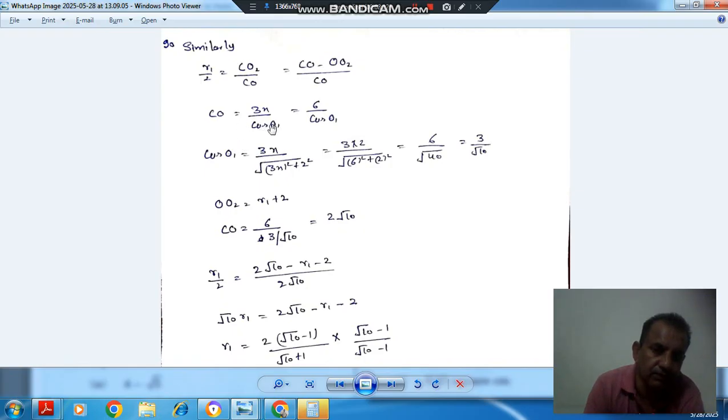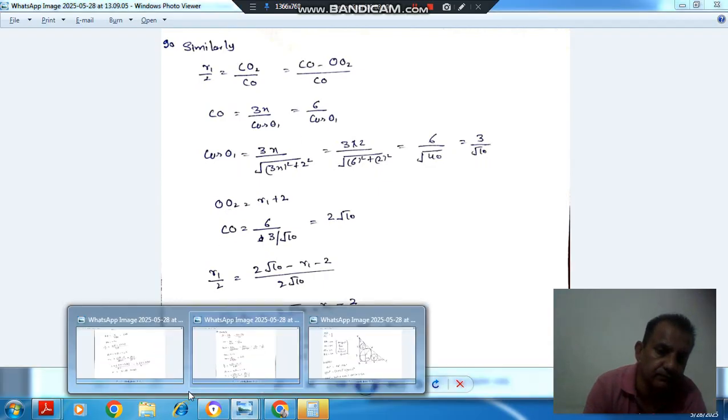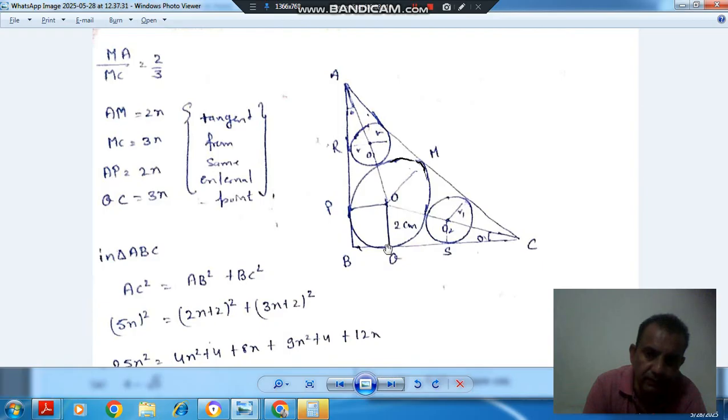So 3x by cos theta 1 will be CO, or since x is 2, it will be 6 by cos theta 1. Cos theta 1 is this dimension divided by this dimension, so this is 3x, or 3 into 2, 6, and the hypotenuse is the square root of 6 square plus 2 square.